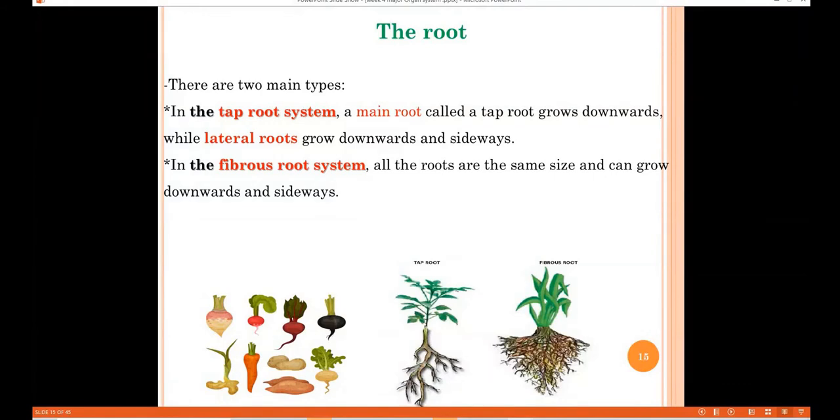Even for the coconut tree, if you look down, the roots are fibrous roots. Dates? Okay, dates, I'm not sure. I need to check if the date plant is a fibrous root or a taproot. Let me check.